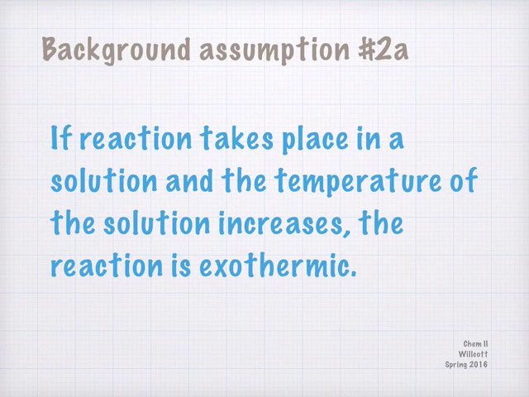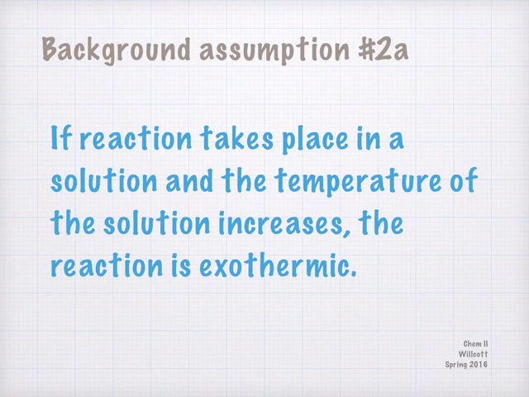Okay, so we do have another background assumption. And that assumption, which is borne out, is that if we have a reaction taking place in a solution and the temperature of the solution goes up, that reaction is exothermic. If you think about that for a minute, what we're saying is that the reaction is releasing heat, which goes into the surroundings.